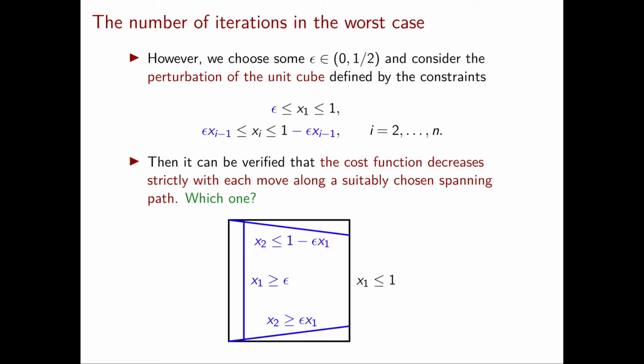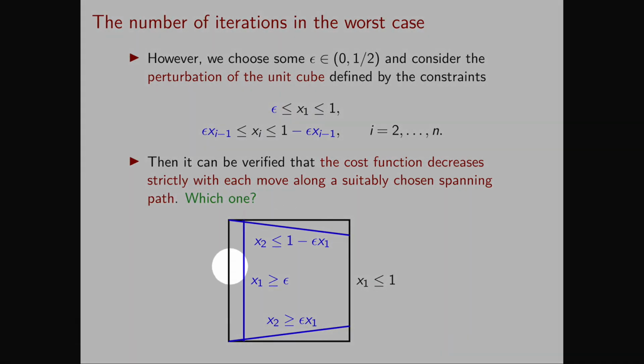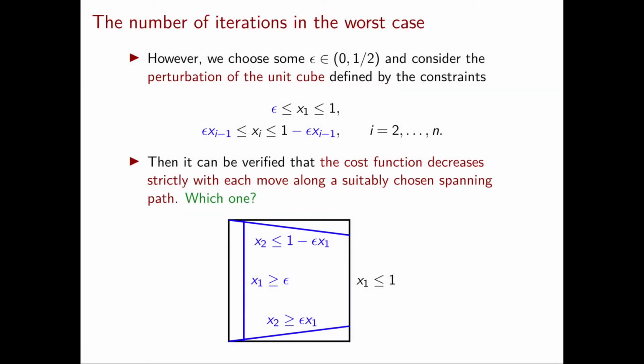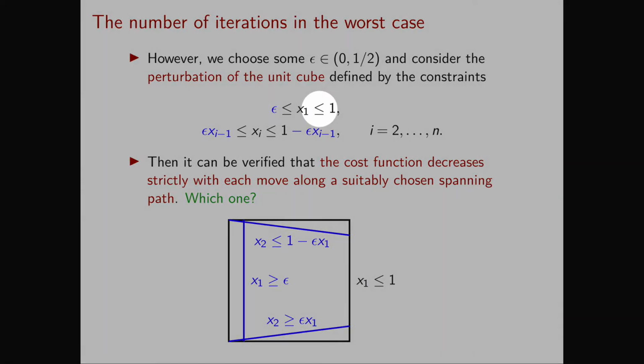In dimension 2, we only have 4 inequalities to draw. In the picture down here, I have in black our old unit cube. So this is the polyhedron given by x1 and x2 between 0 and 1. Now we have to draw the 4 inequalities corresponding to our perturbed cube. One of the inequalities is easy, because it is x1 less than or equal to 1.